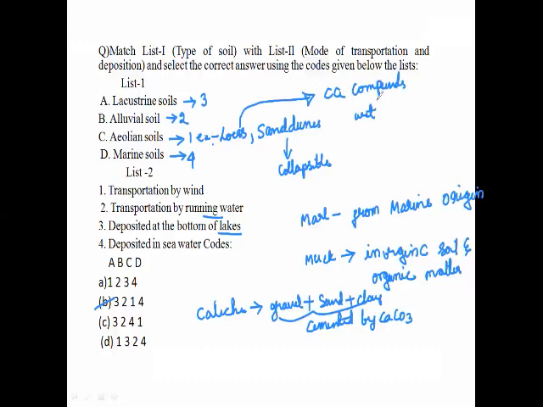When it is wet, the soil will become soft, compressible, and it collapses. So these are some important types of soil that you need to know.